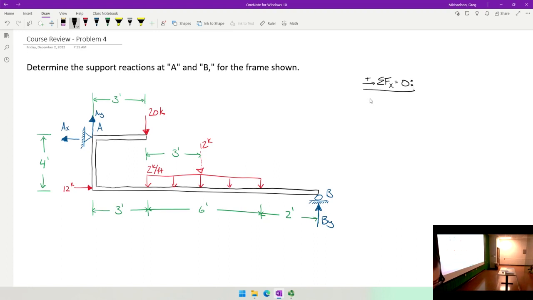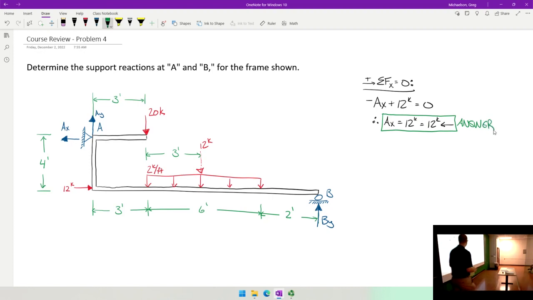So if this is negative AX because I've drawn it to the left, and this is positive 12 kips because I've drawn it to the right, that means that I assumed correctly, and AX is in fact 12 kips acting to the left. That is one of the answers right there. Does everybody see that?